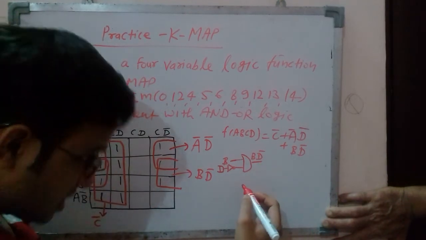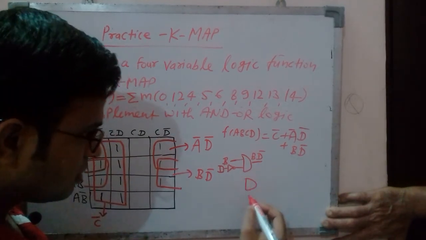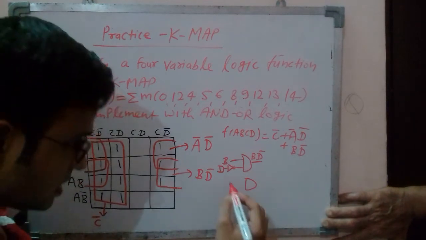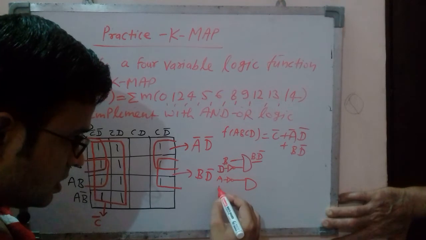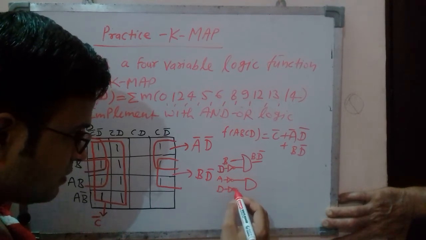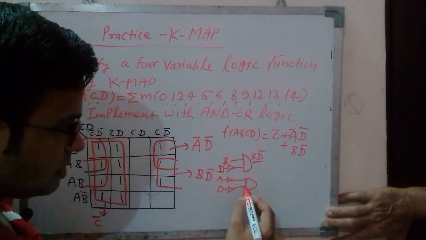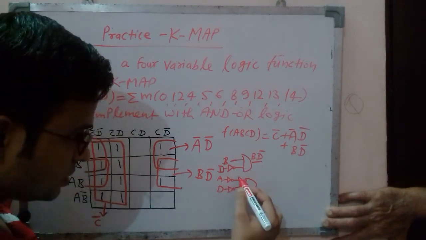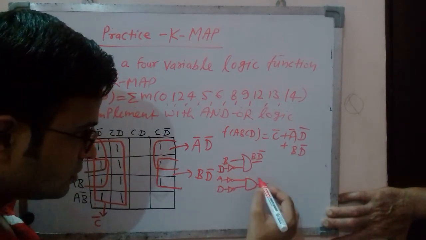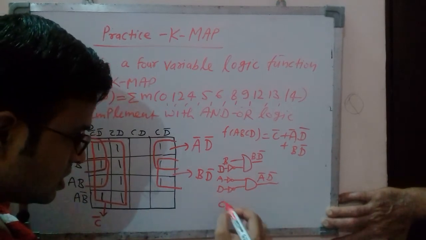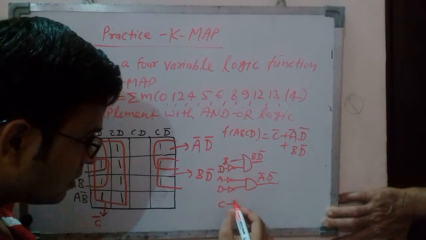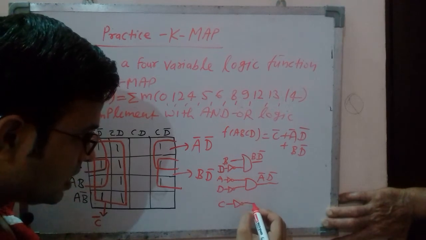Now make another AND gate like this. This is A, pass it through an inverter to make it A bar. This is D, pass it through another inverter to make it D bar. So this is A bar, this is D bar. And C, pass this C through an inverter, make it C bar, right?